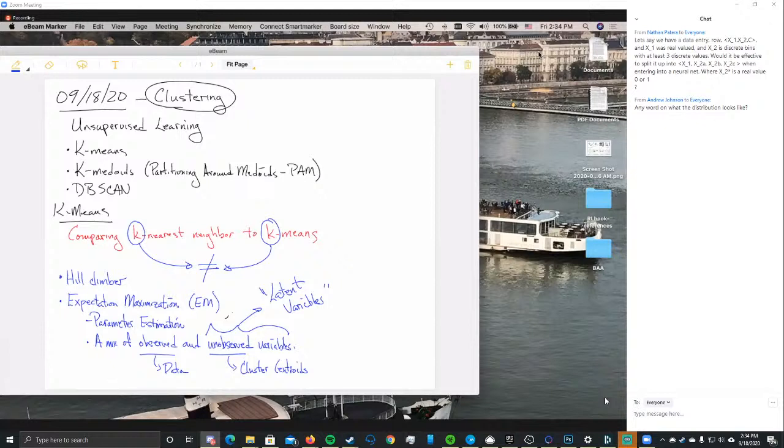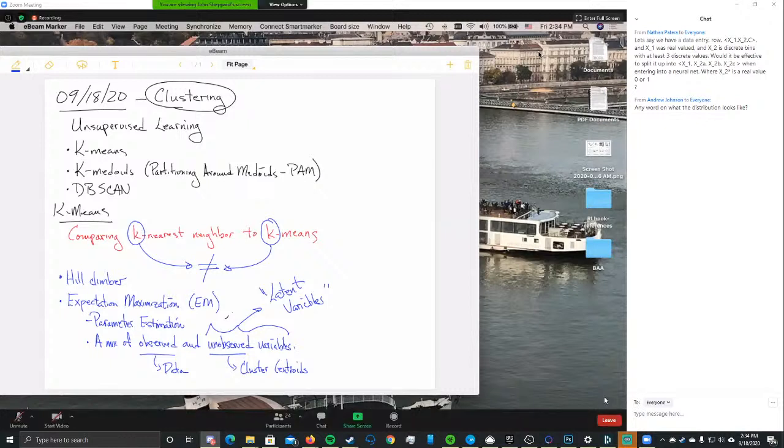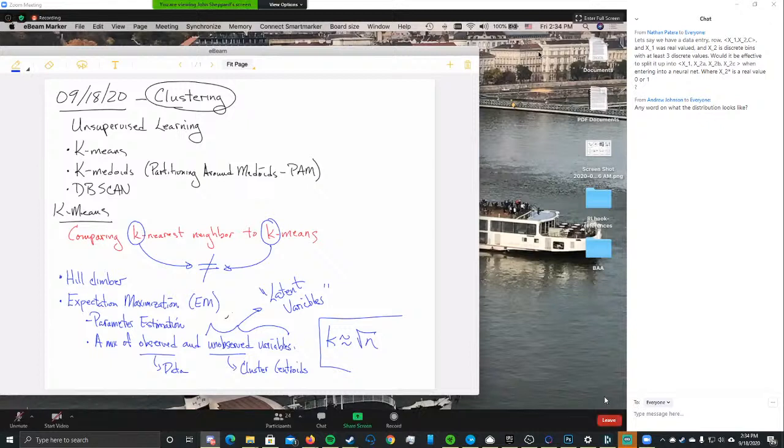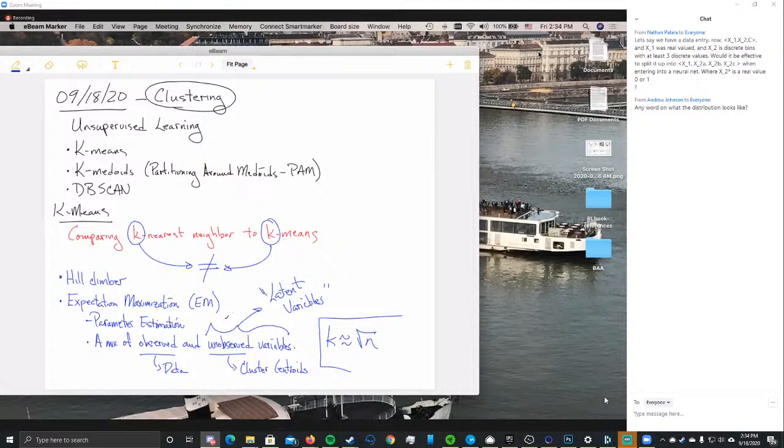So you're probably going to need more clusters. So how many clusters? Again, that needs to be tuned, but a common starting point for that kind of application is somewhere around the square root of n, where n is the number of examples in your data set. So as you start tuning that K, that's where I recommend you start.